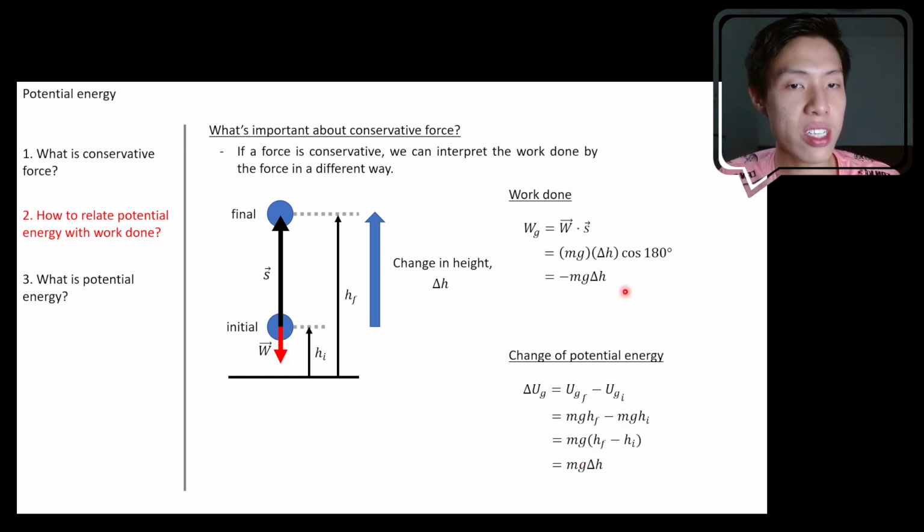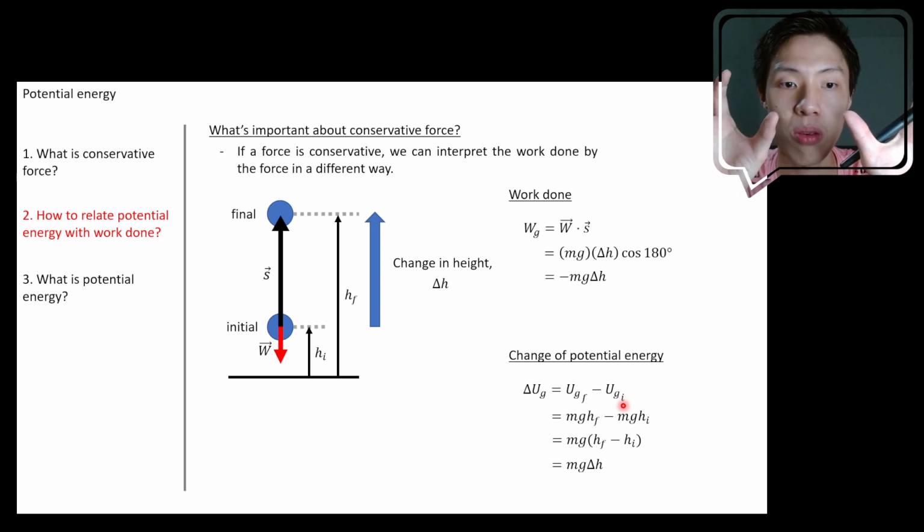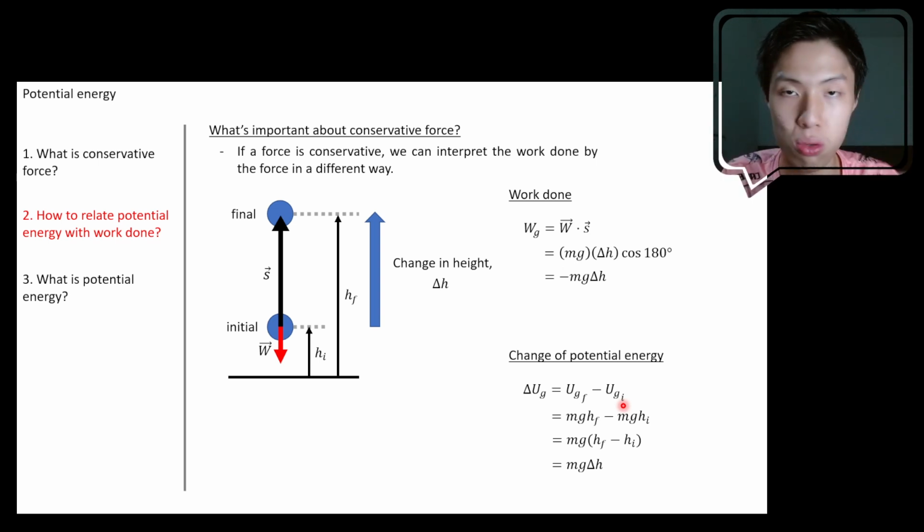Okay, so now you see that the work done by gravity is very similar to the change of potential energy. To be more specific, if you take the change of potential energy and you negate it, you get the work done by gravity. Or if you negate the work done by gravity, you get the change of potential energy. So definitely the work done by gravity and the change of gravitational potential energy share a close relationship.